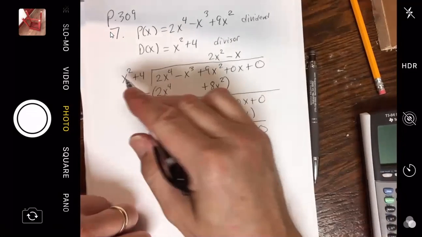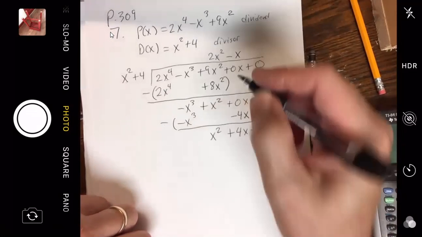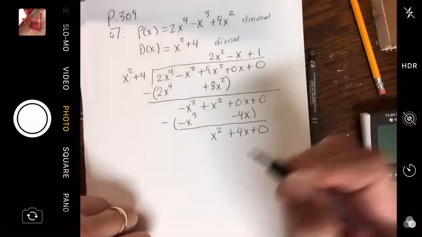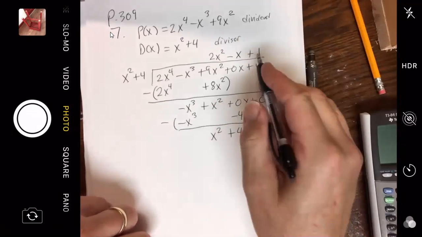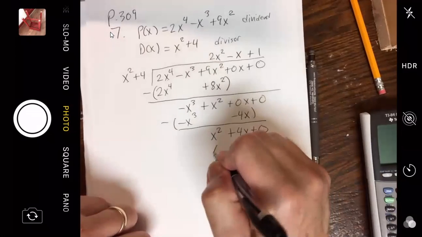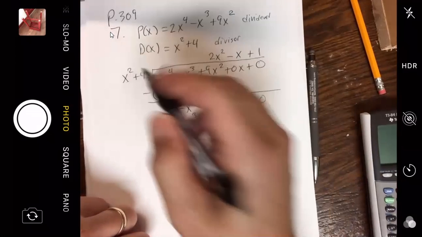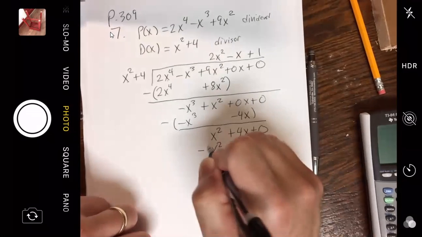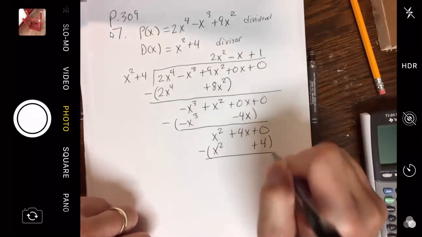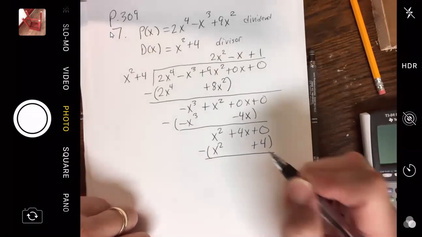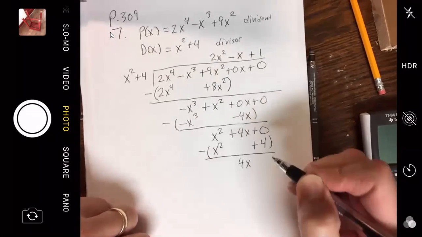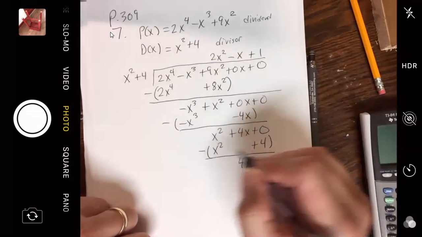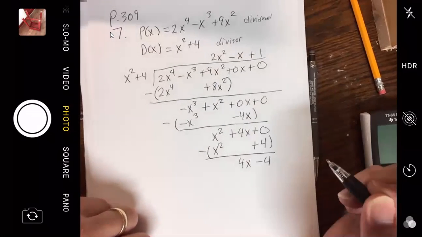All right, x squared times what is an x squared? Well, that's too easy. That's plus 1. So 1 times x squared is x squared, and 1 times 4 is a 4. Subtract. Bring down a 4x. 0 minus 4 is a negative 4.